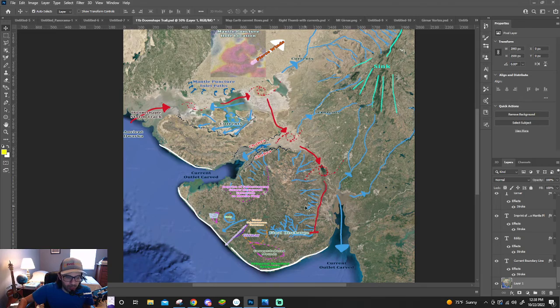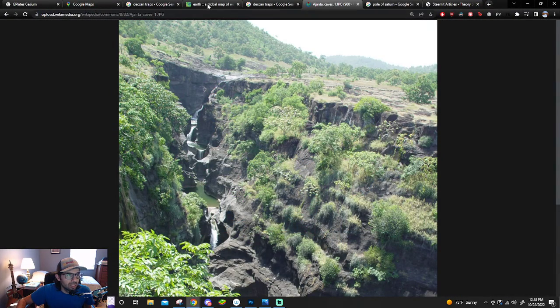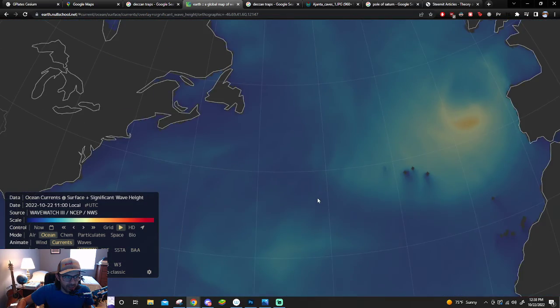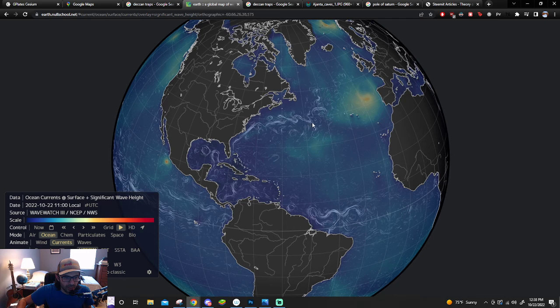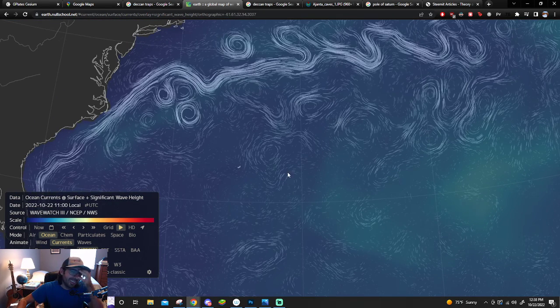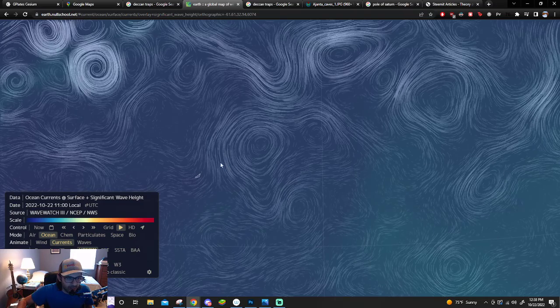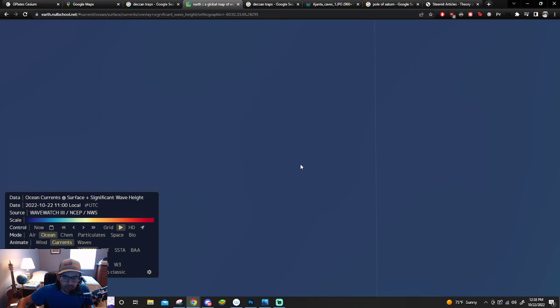In the same way as we can go to here, zoom out, we can see there's currents flowing, but then we can zoom in. Oh, look at all those currents flowing. Oh, look at those currents flowing.